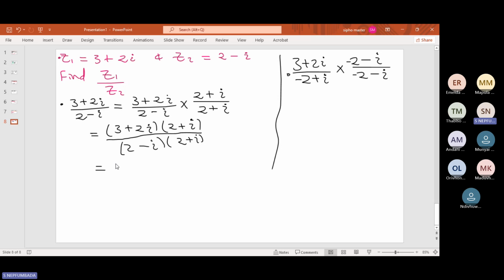Okay, 3 times 2 is 6, plus 3 times i is 3i, plus 2i times 2 is positive 4i, and 2i times i is positive 2i squared. Then divided by, this is the difference between two squares, right? We say the first one times the first one, then the second one times the second one, because the middle part is going to cancel. Or do you want us to write it and cancel it?